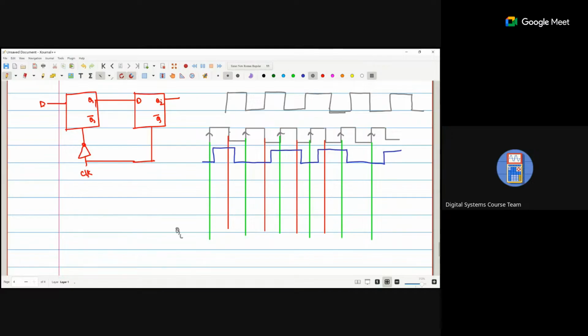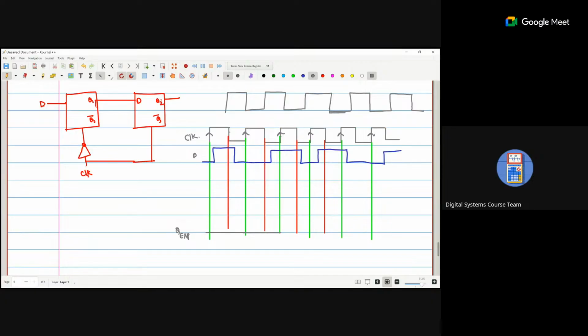We check what is in D at the positive clock edge. At this positive edge, D is 0, so Q is 0. At the second clock, D is 0, so Q is 0.